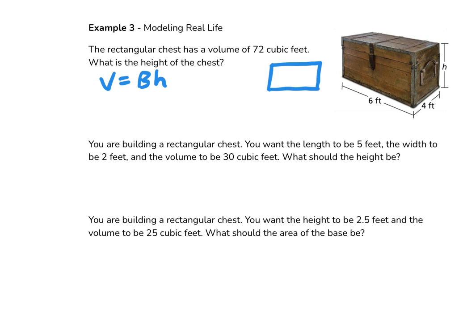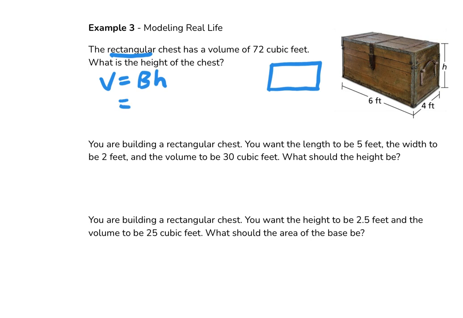The base of that chest is a rectangle. It's 6 by 4, okay? And we know that because it tells us that. It's a rectangular chest, which means the base is a rectangle. We always name a prism based off its base. Triangular prism, rectangular prism, hexagonal prism, whatever the base is.